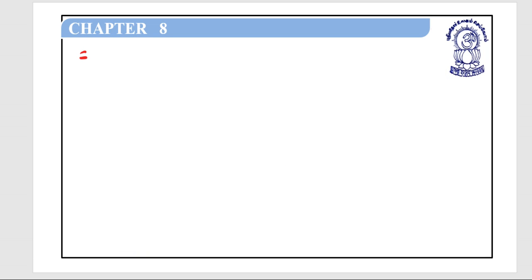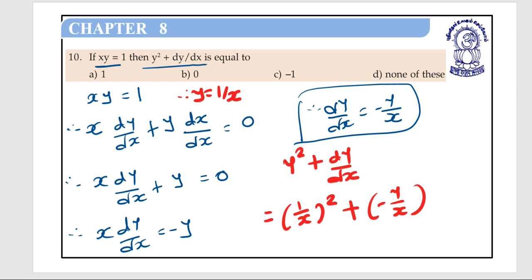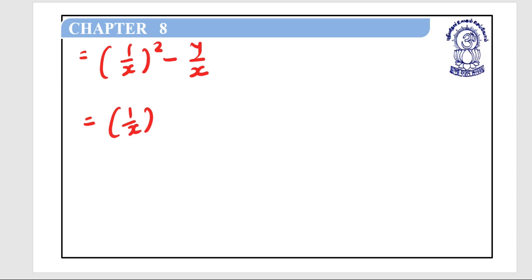So 1 by x² minus y upon x is equal to, so 1 upon x² minus, put the y is equal to 1 by x.